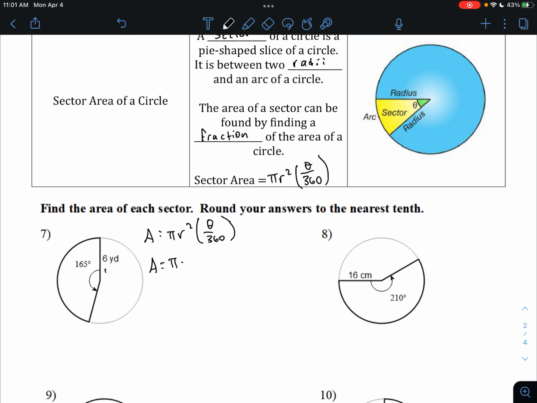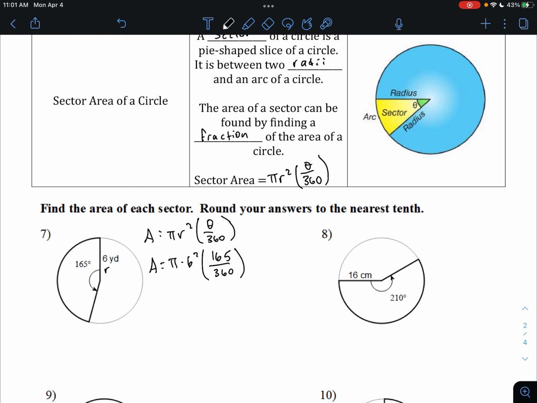The radius is 6 times our angle, 165 out of 360. And we want to plug that into our calculator. Once you do that, you should get your answer. I'll give you just a second to plug that in or get caught up.